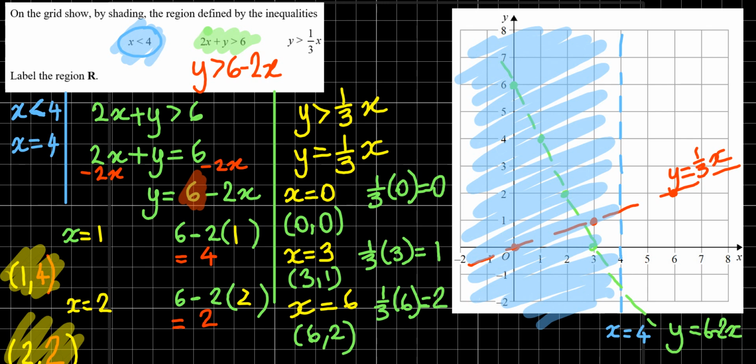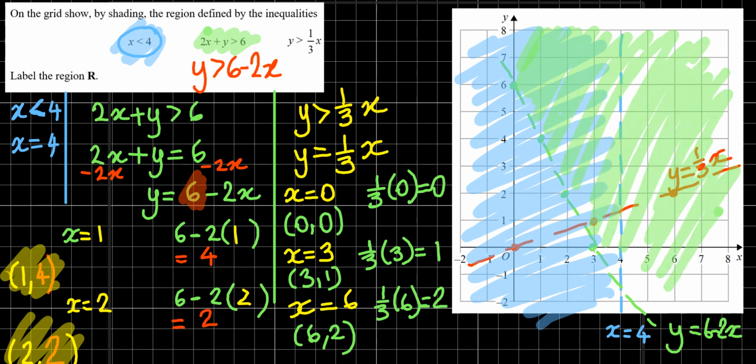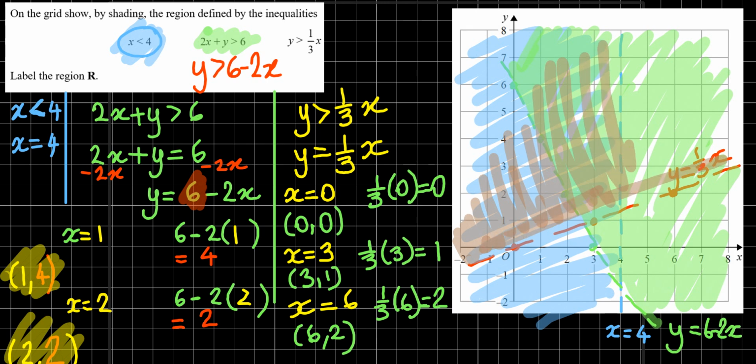If it's greater, it means it's going to be above that actual line, so it's going to be this part of the graph. And finally, y is greater than 1/3 x. So 1/3 x is this line, which is this bit here.